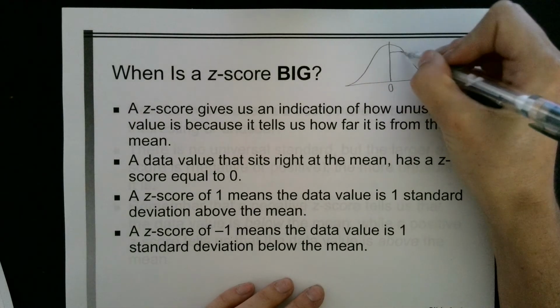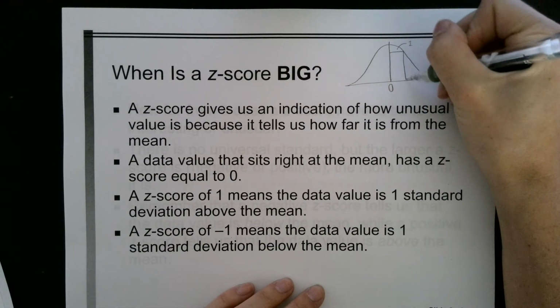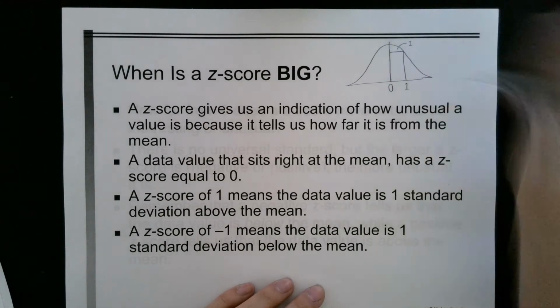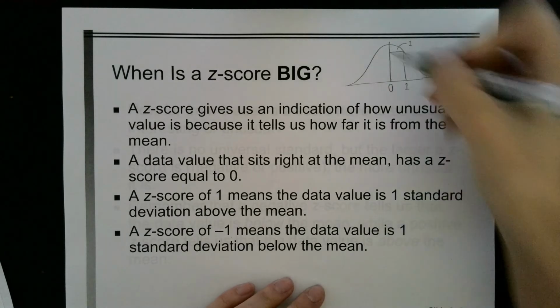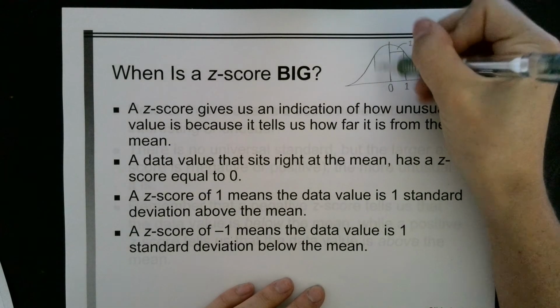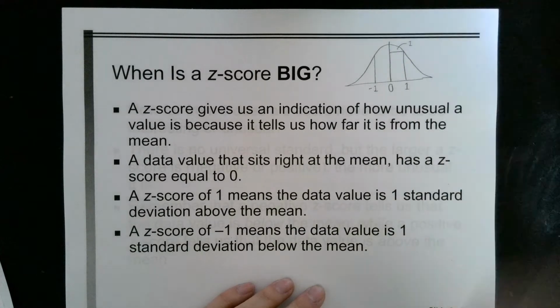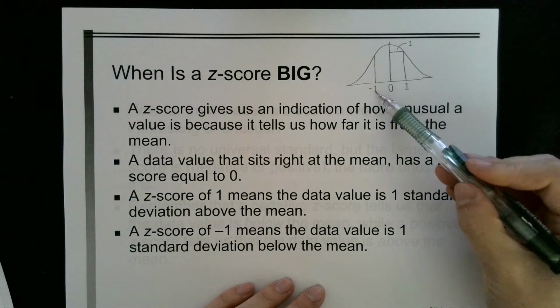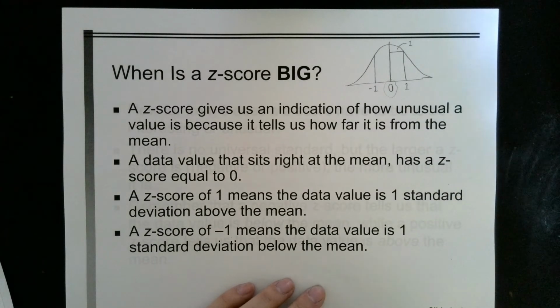So if I draw in my standard deviation right here of 1, and I drop this down, here would be 1 standard deviation above the mean. Okay, it works the same in the opposite direction, so a z-score of -1 would be right over here.